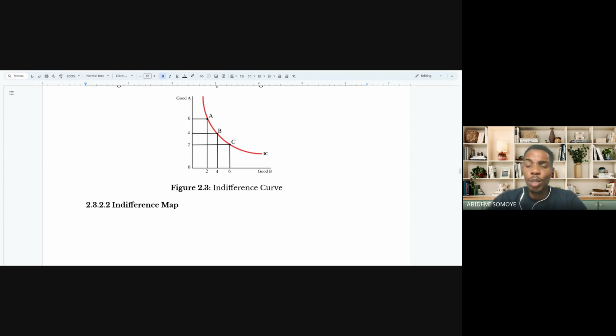Because the axiom of transitivity says A is greater than B, B is greater than C, and A would also be greater than C. But if indifference curves intersect, there's every tendency that you have C on another indifference curve, and that's two different levels of satisfaction. Okay.